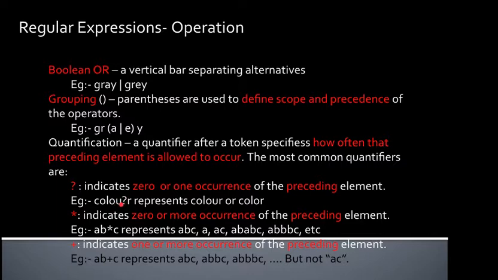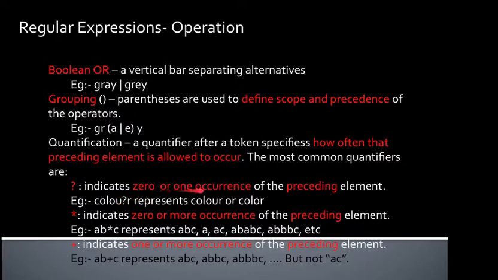Now this element can occur either 1 or 0 times. Hence, we have color or colour. Both are valid. The preceding element to the question mark is u.